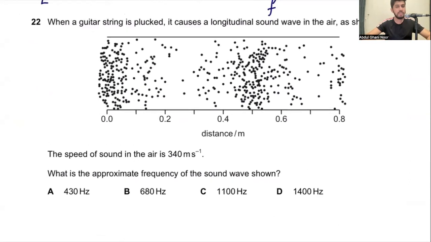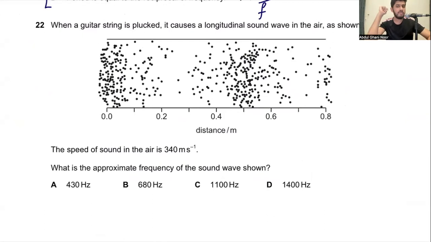So for frequency, first we have to identify the wavelength from here. To identify wavelength, we have to find same points, as in from one compression to the next compression, from one rarefaction to the next rarefaction. So if you take this as your starting point, which is the center of this compression, I know the center of the next compression lies somewhere over here, 0.5.